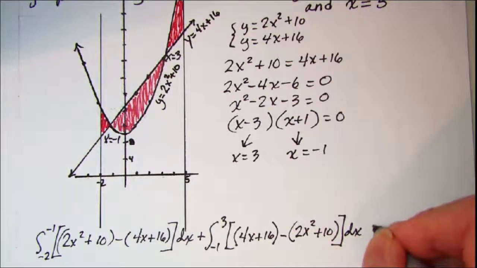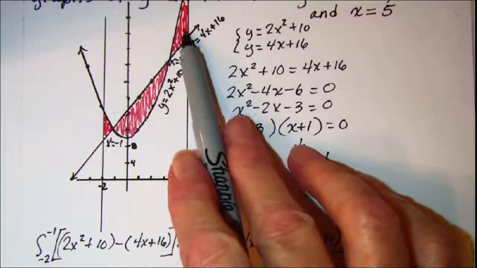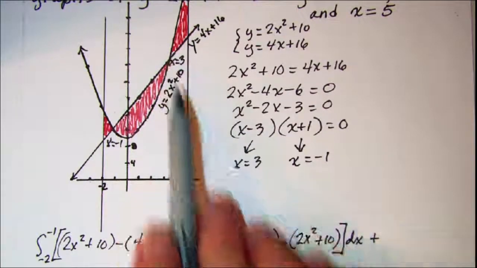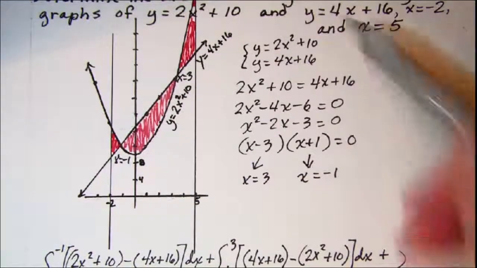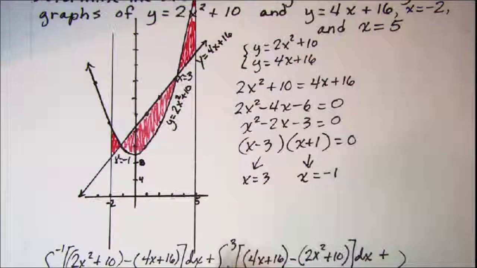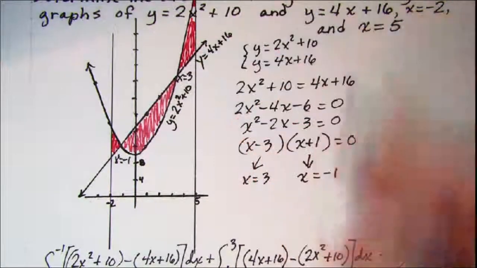And then I'm going to add to that the area of this region, which goes from x equal 3 to x equal 5. On this one, the upper function is the parabola, and the lower function is the linear function.